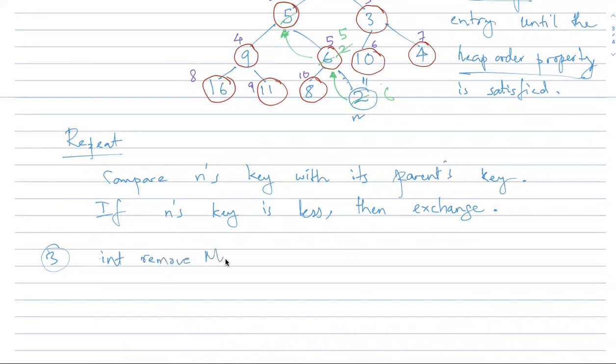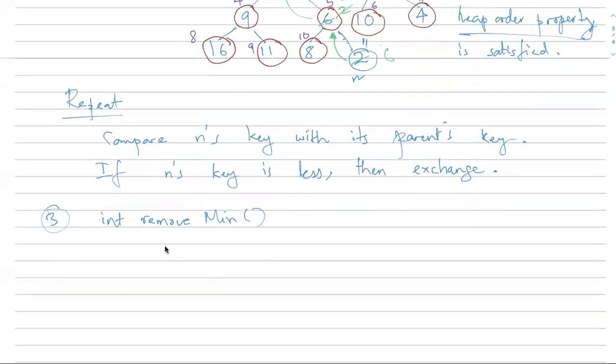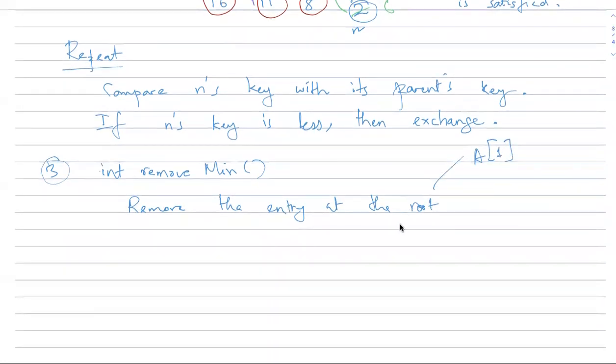So remove min is not only going to get the minimum value, but also remove the entry from the root. So first step is to remove the entry at the root. And root, we know that is the first element in the array. First, in the sense, by the one based index first.